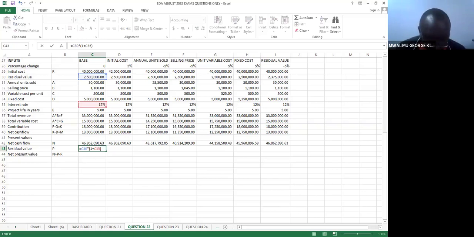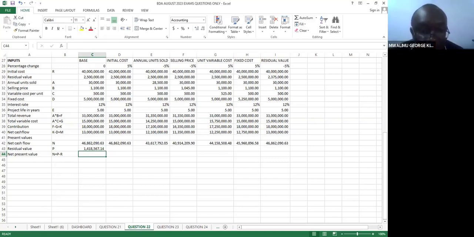Then you raise to power, so shift raise to power, negative this 5 here. Press enter. So it has worked. You do not need to use the function for the power.